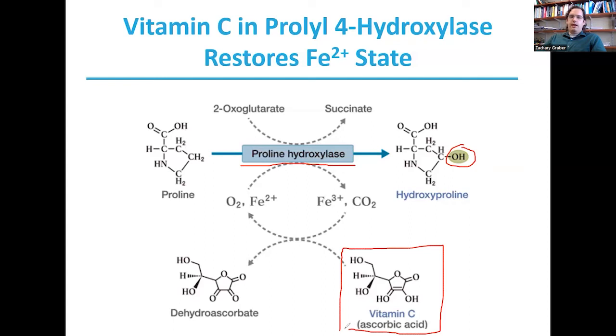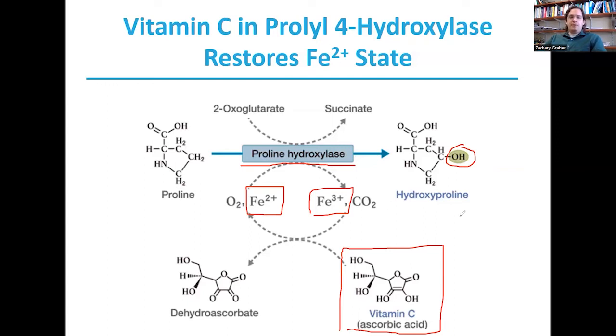So we have an oxidation reaction where we actually have an iron here that's in our enzyme itself. It's getting oxidized and reduced. And in order to regenerate that iron to continue our reaction, we have to have our vitamin C present here, right? So vitamin C gets oxidized as our iron gets reduced, and then our iron is ready to react again to create more hydroxyproline.